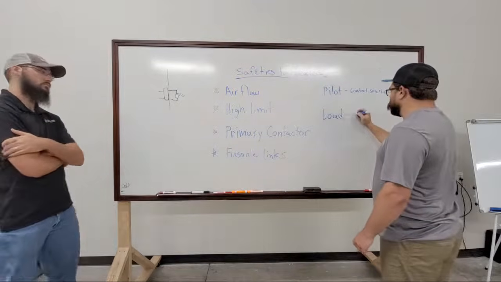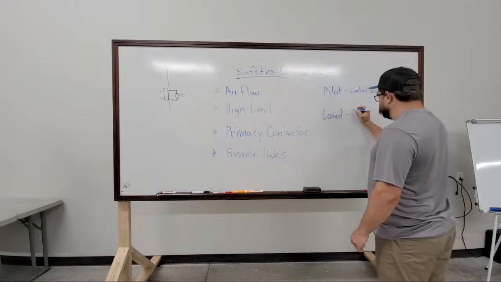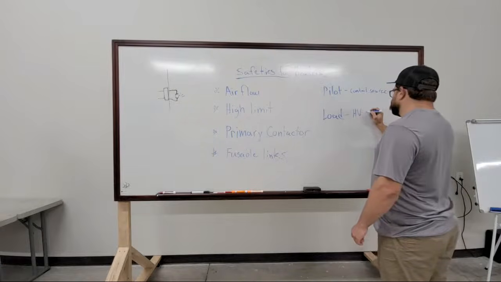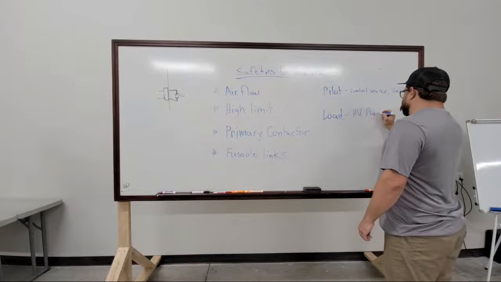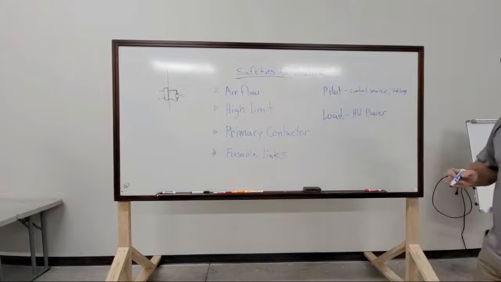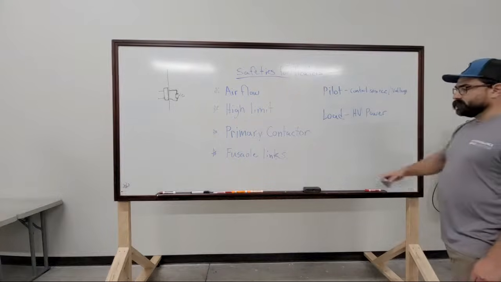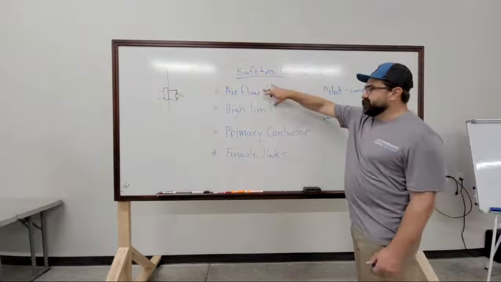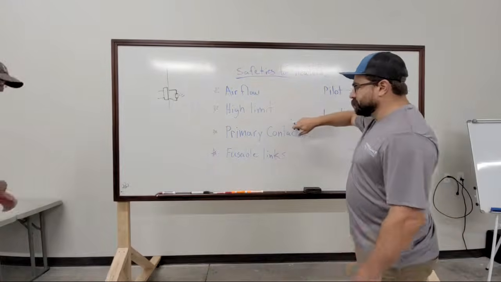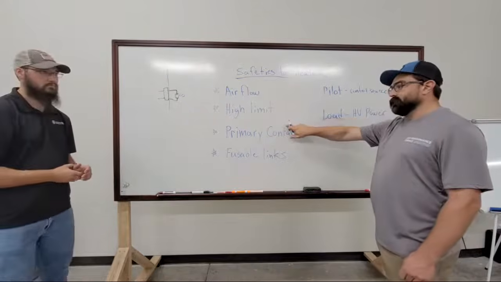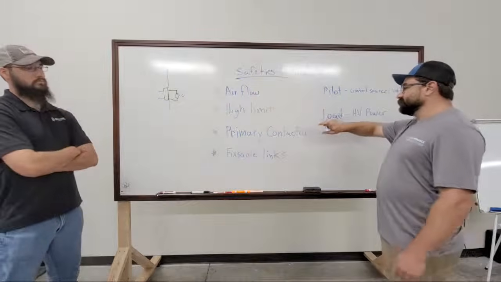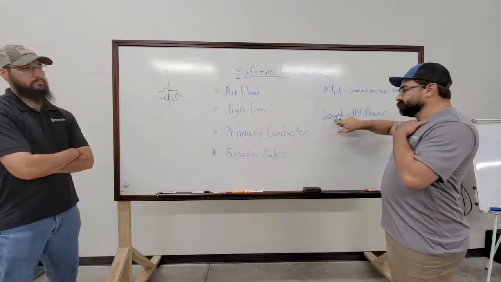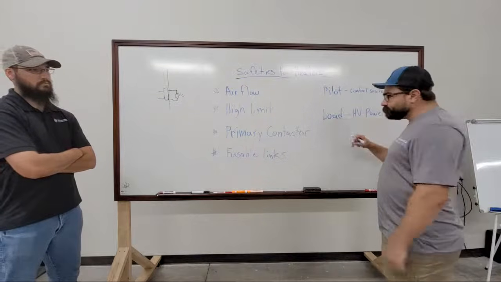Load would be your actual high voltage power. So when I talked about a primary contactor, these devices feed into the pilot side of a primary contactor, and the primary contactor can actually disrupt the load side of your system.